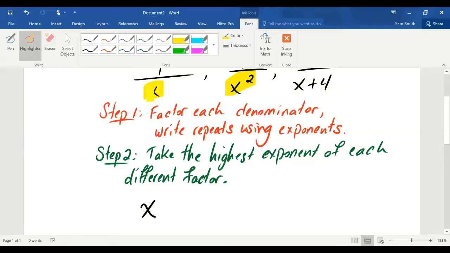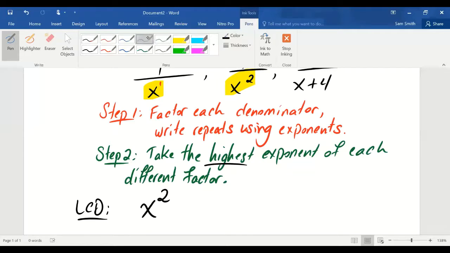Now, looking between fractions number 1 and 2, the x in fraction number 2 has an exponent of 2, and the x in fraction number 1 can be thought of as having an exponent of 1. There's only one x there. So I will take the highest of those two exponents, and it will be x squared in the LCD, x with its highest exponent.